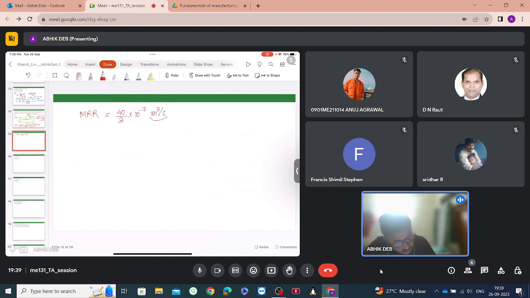Now this meter cube can be written as 10 to the power 9 millimeter cube per second. So it is essentially 4 by 3 into 10 to the power 3 millimeter cube per second, which is 1333.33 millimeter cube per second. This is the MRR. Till here, is it clear to everybody?